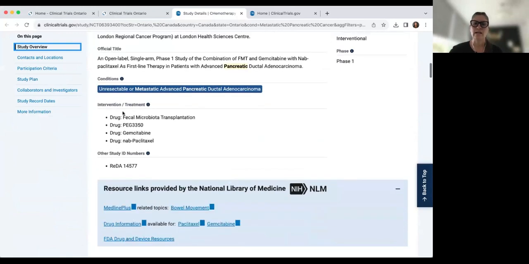It tells you what the intervention or treatment are. So in addition to essentially this stool therapy, there's also PEG therapy, gemcitabine, and nab-paclitaxel. And I believe the PEG therapy is basically like having a colonoscopy. It's going to flush you out before you take the FMT therapy.